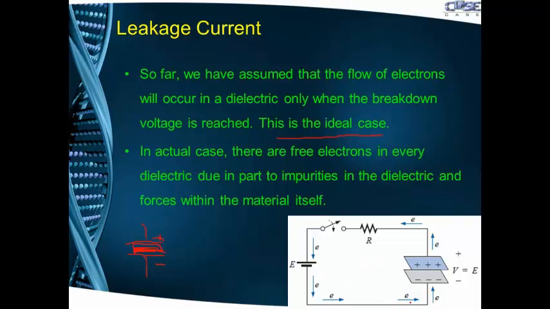So in the actual case, there are free electrons in every dielectric due to impurities in the dielectric and forces within the material itself. So that current is called the leakage current.